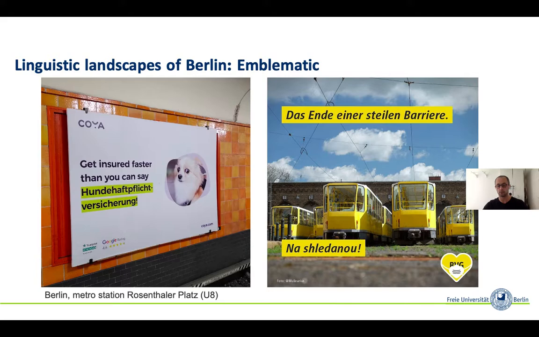Not that many people really understand Czech, and they will probably not even recognize it, but it's simply an emblematic use of the language to index the fact that those Tatra trams originally come from what is now Czechia.